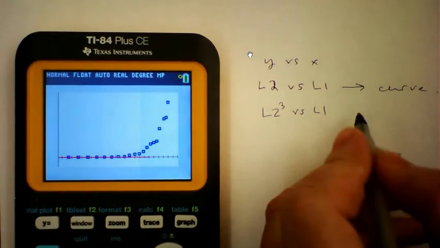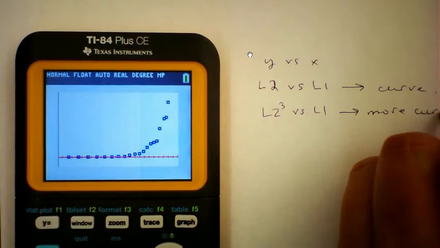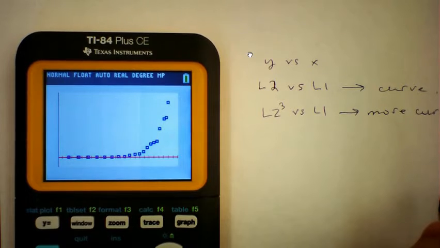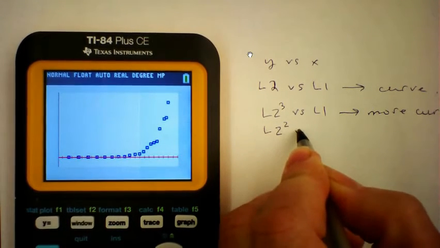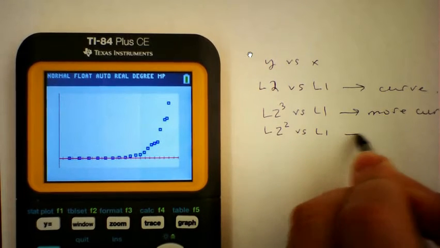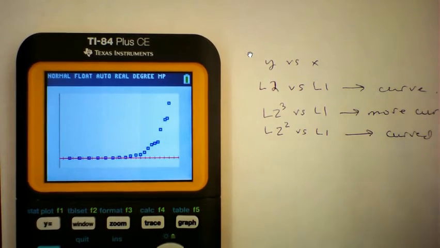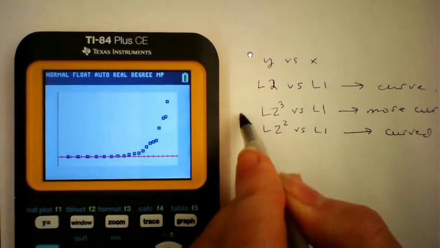That actually ended up being more curved. So that was going in the wrong direction right there. As well, I would have seen this again, it would have been also curved, but I'm not even going to bother trying that. Okay, so this did not work at all.